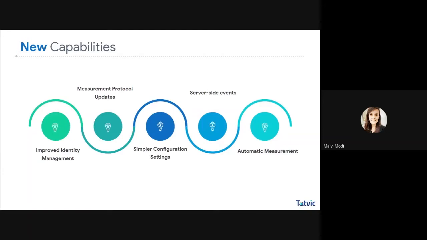But in GA4, you can fully enable cross-domain tracking directly in the UI. How simple it is: you just list the domains you want to link, and you can move on with your day. I think this is a real relief, where we don't have to depend on GTM or any other tech side, we can do it directly via the UI. Now that's a great feature, I would say.